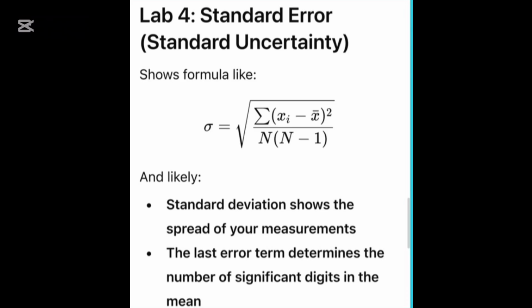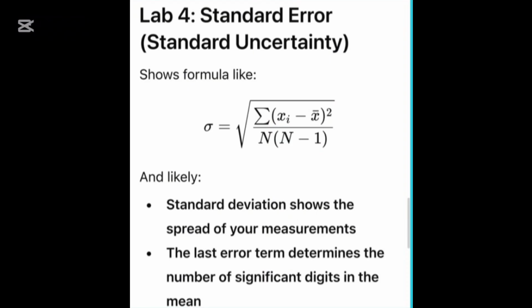Number one, you are given the graph paper. Actually, three methods. You are given a graph paper.